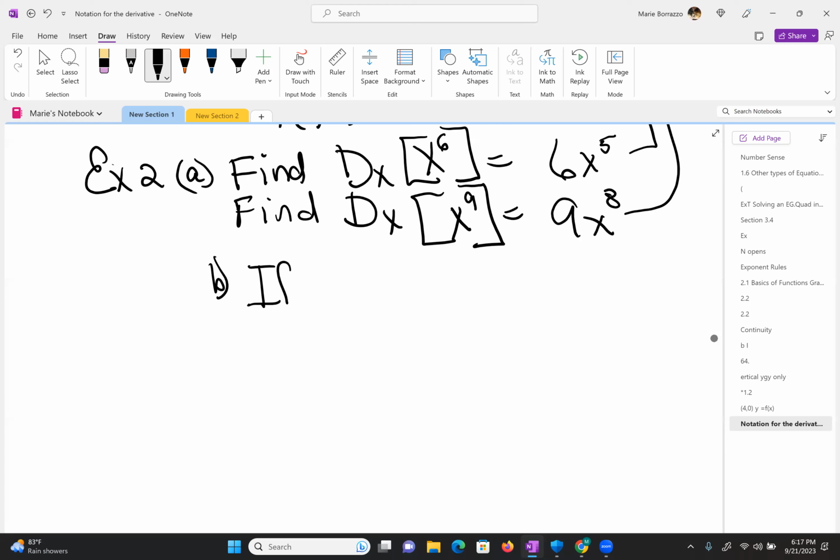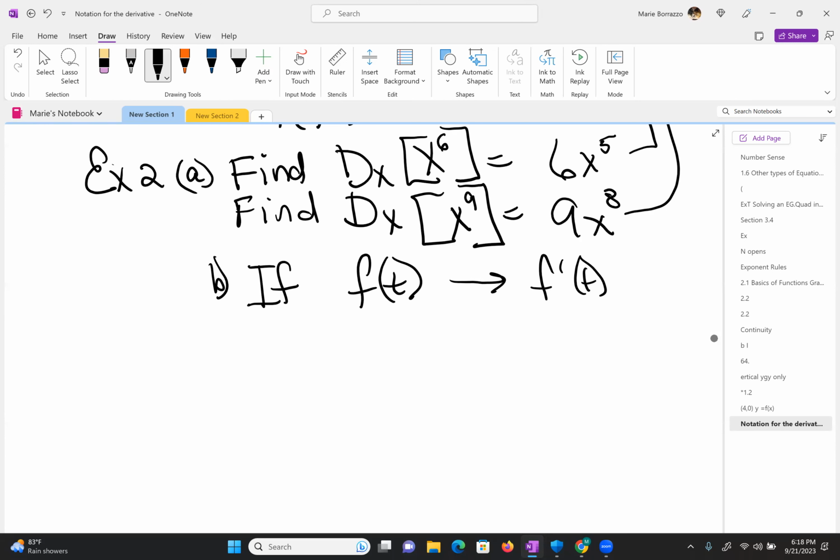If I give you an f of t, and I said to you, find the first derivative. What is that first derivative of t? What would your answer be? I want you to remember this.